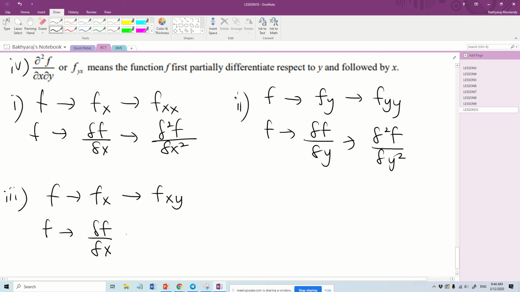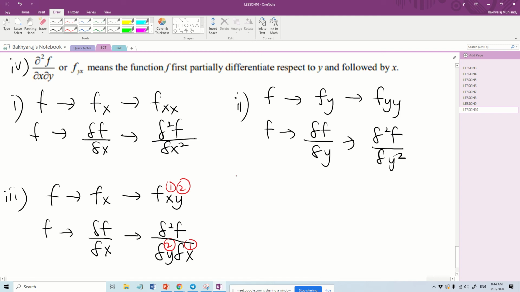But for the second order it will be delta square f over delta y delta x. Look at this. For fxy, x is number 1, y is number 2, but for delta, this is number 1, this is number 2.